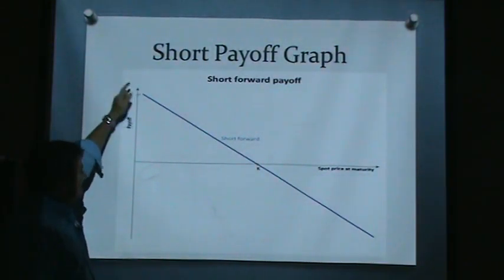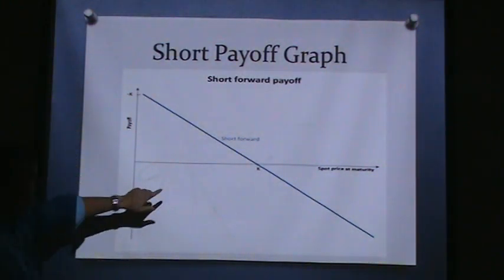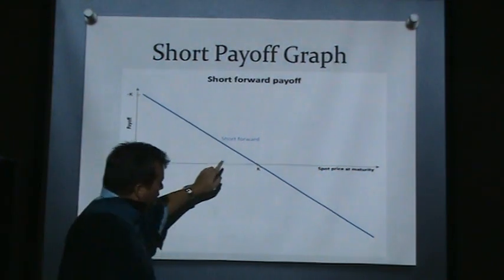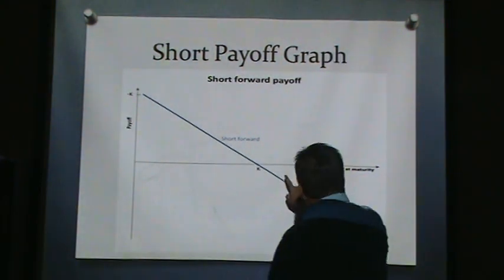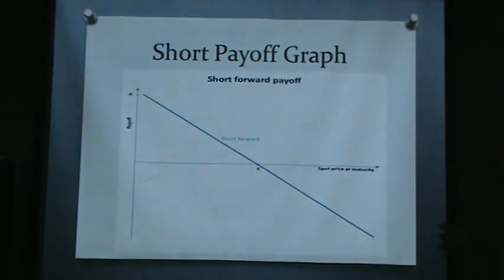Again, this is linear and it should have a slope of -1. So if it goes all the way down to 0, the profit is K. The price could go off to infinity, and therefore you would lose infinity minus K in the worst case scenario, if you were on the short side of this.